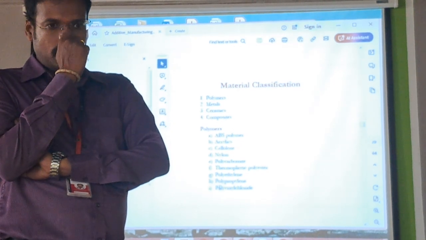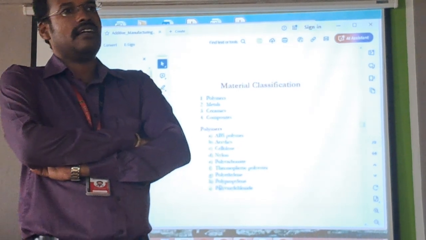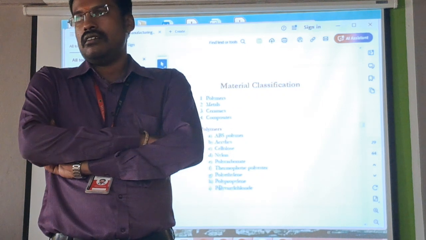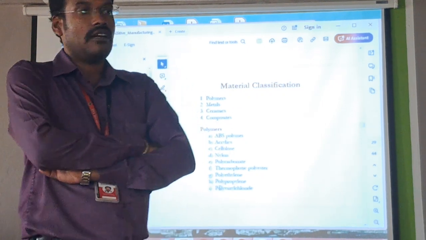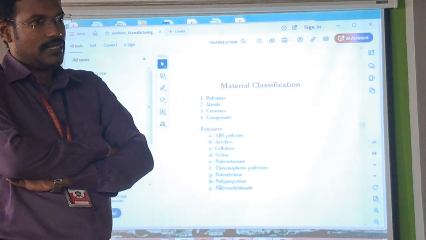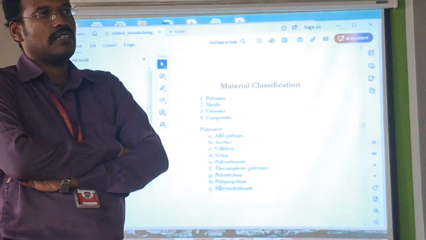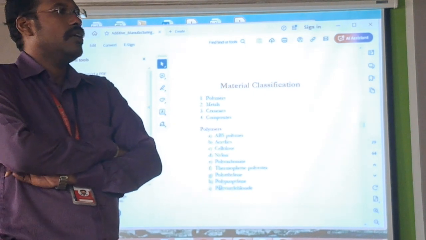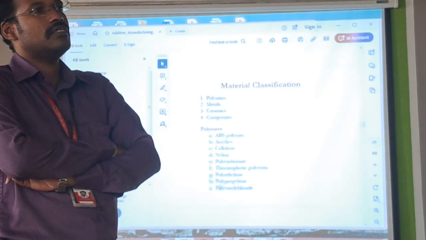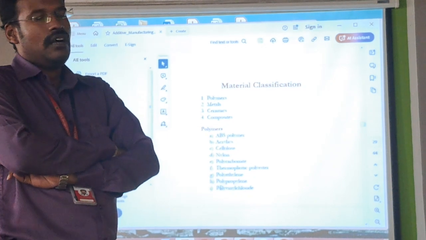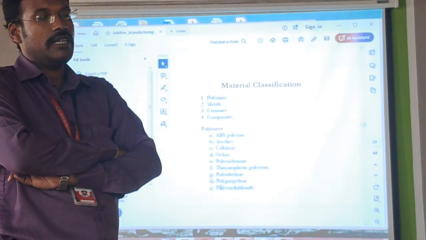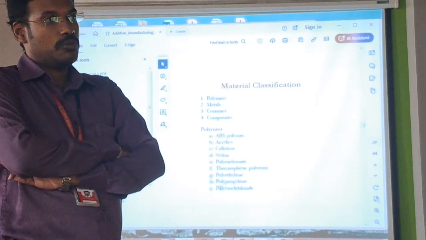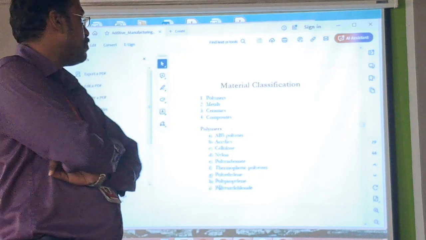So any engineer can measure the geometry of the real component. Without a single-stage process, we can convert our real CAD model into a product. So mostly the reverse engineering application of additive manufacturing is majorly used for spare parts.